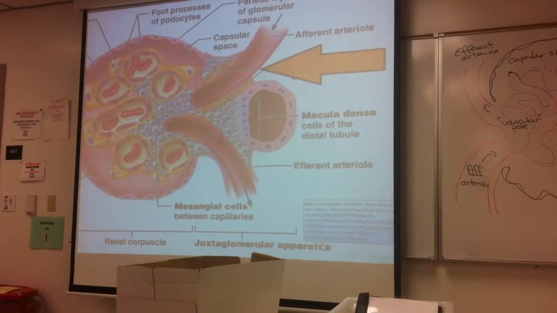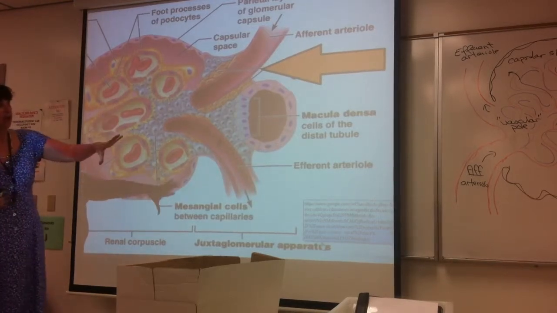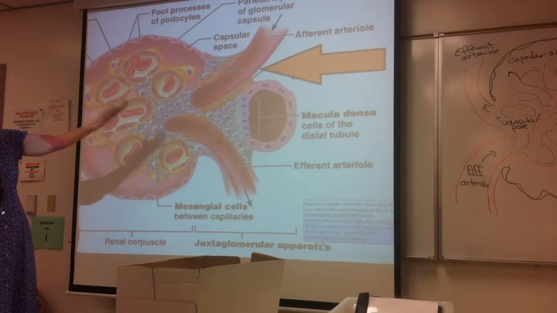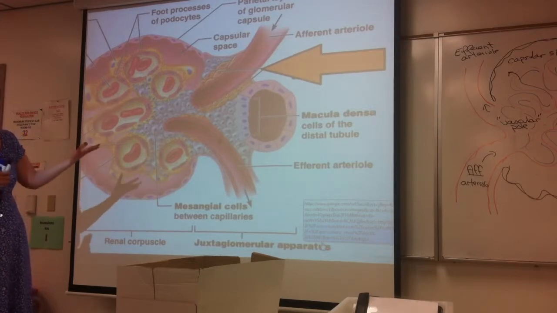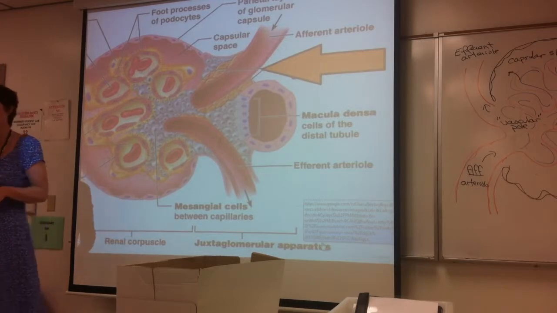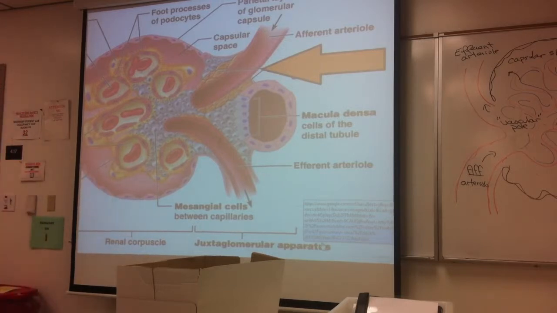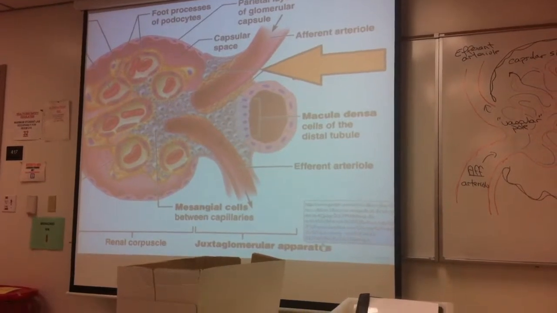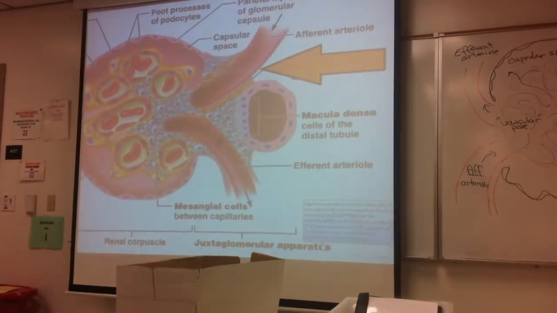All right, so you can see here, this is kind of reverse from what I have drawn on the board, or mirror image of what I have drawn on the board. But we have a structure known as the juxtaglomerular apparatus that is involved in what's termed autoregulation of the filtration rate and filtration pressure.